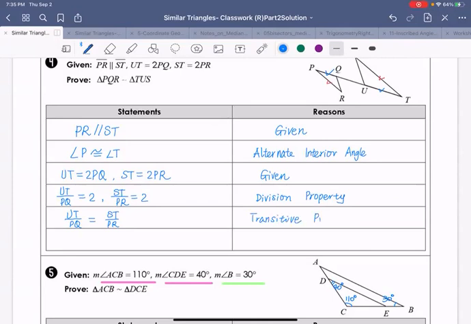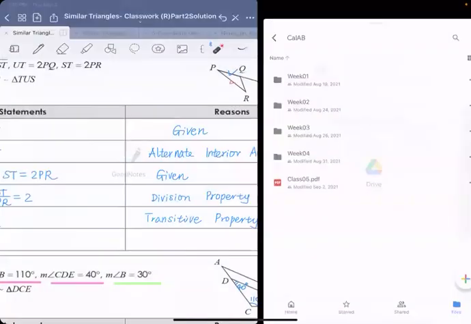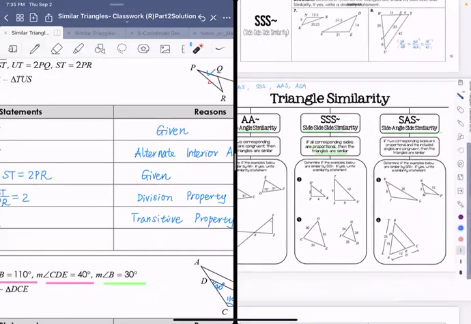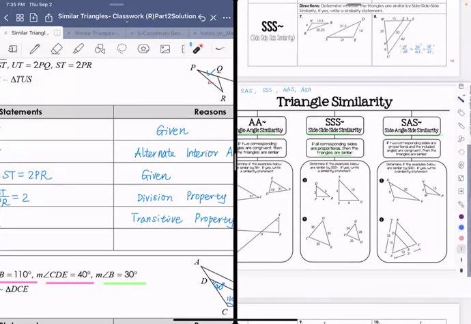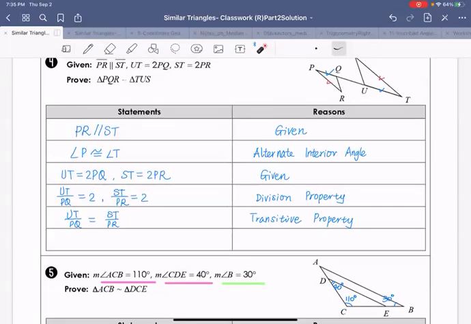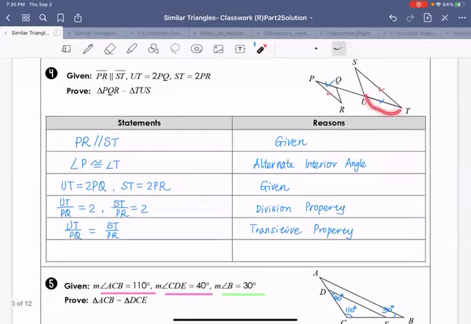Okay. Now look at this. Which theorem do you want to use? Side angle side. Exactly. There you go. You say UT over PQ equals ST over PR.